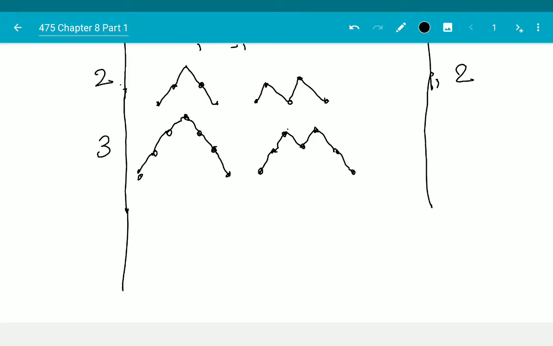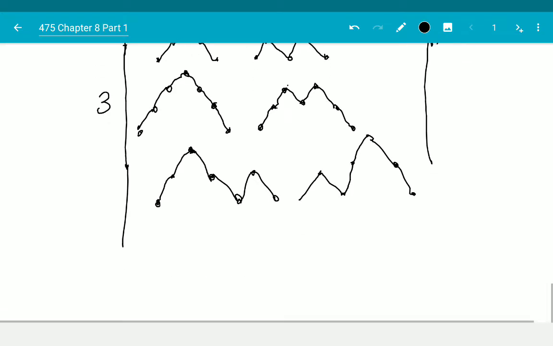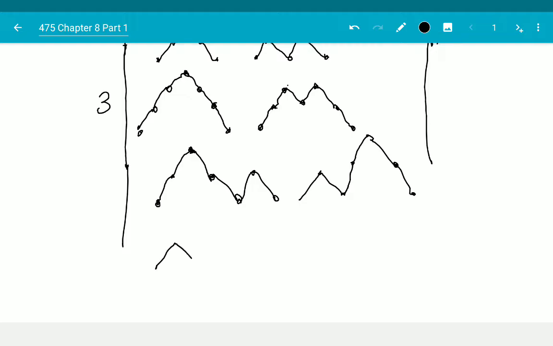Then I have the next one. I'm counting wrong, but whatever. And the brother of the sequence, and last but not the least, this one. Okay, and so I have a total of 5 sequences for this.